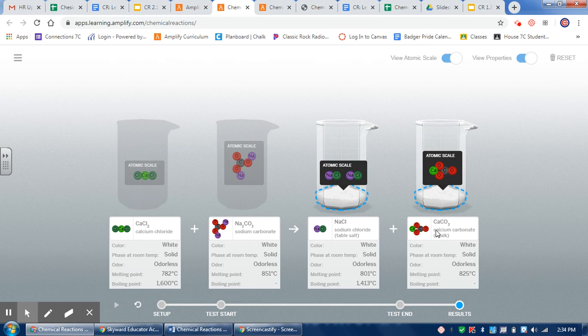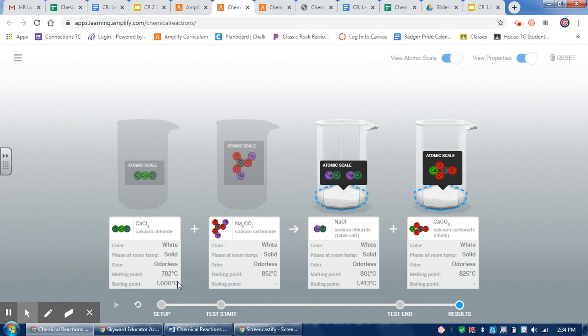We learned in chapter 1 that if we have different substances, those substances will have different properties. So as I look at what we started with, we had two white colored substances. We ended with two white colored substances. Started with two solids, ended with two solids. We had odorless solids to start with. We ended up with two odorless solids.